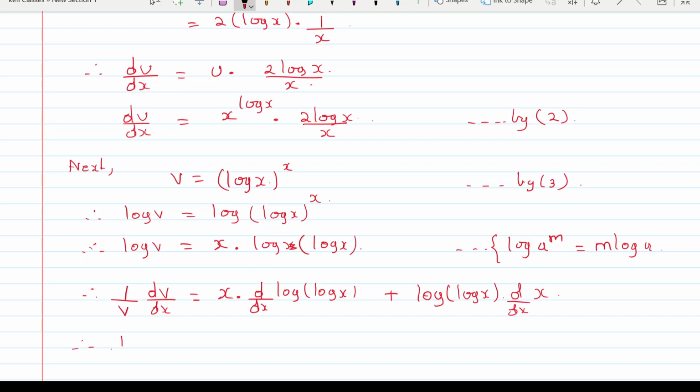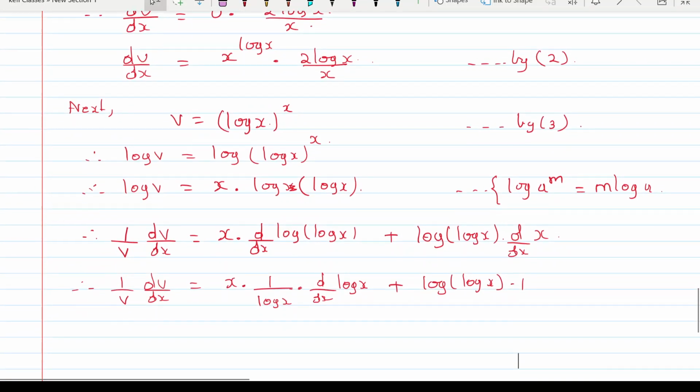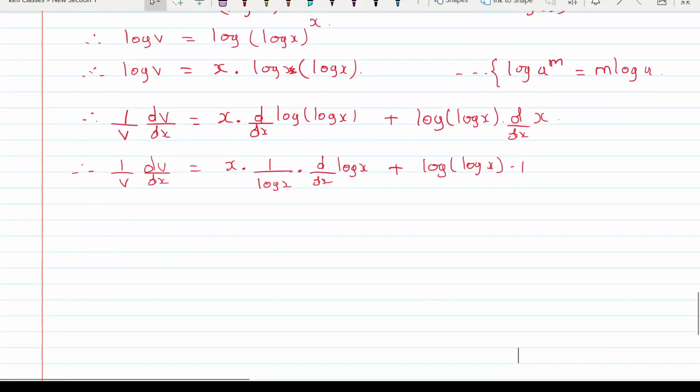So 1 upon v dv by dx is equal to x into 1 upon log x into d by dx of log x plus log of log x into 1. By the time your board exams come, you will be hoping and praying you get a question like this, because it's very easy.